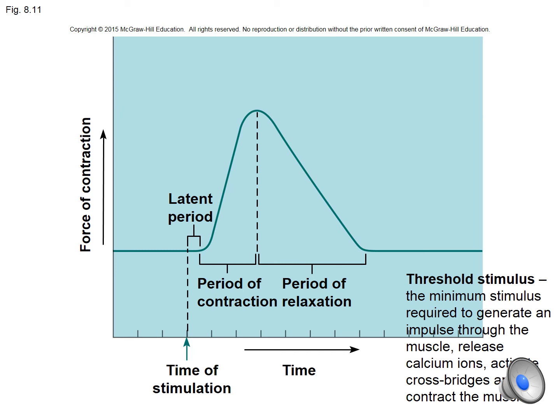And so there is this threshold stimulus, this amount of message that the body has to get to actually go through contraction. But once the message reaches that threshold stimulus, then it is going to contract. So the threshold stimulus is just the minimum amount of stimulus required to generate an impulse through the muscle.